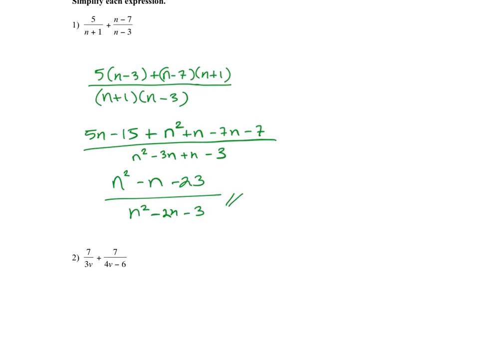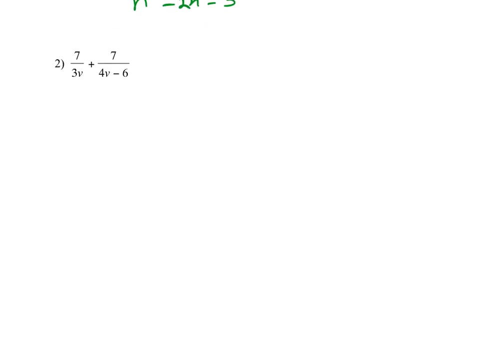Okay, so number 2, again, I'm going to check. There's no factor in common. Even though I can factor that one, I know that there's no factor in common. So that means I have to multiply my first fraction by 4v minus 6, plus 7 times 3v. And I'm going to divide by 3v times 4v minus 6.